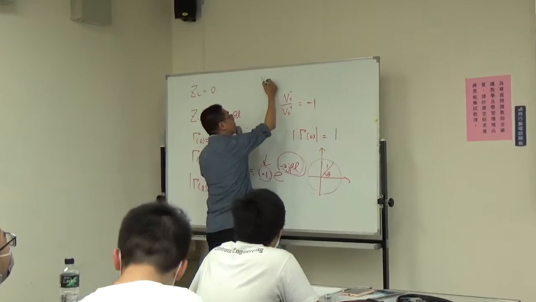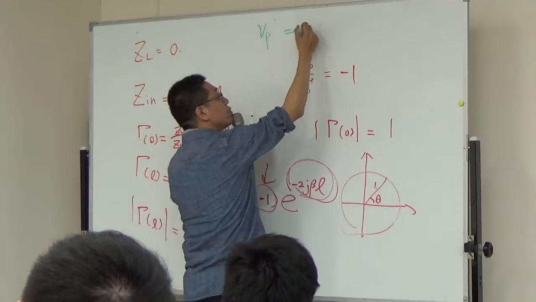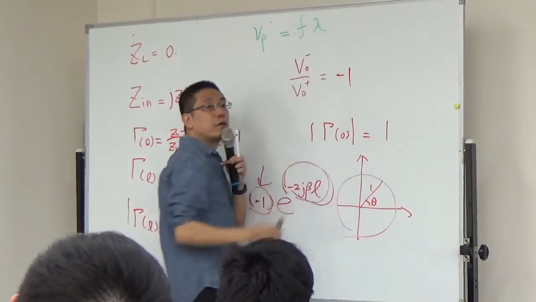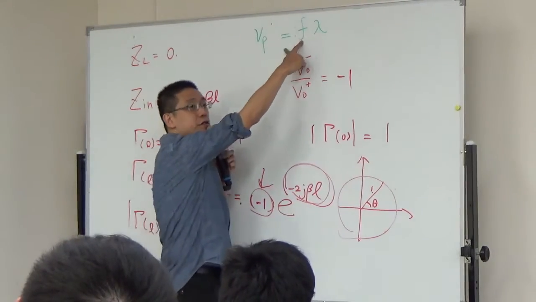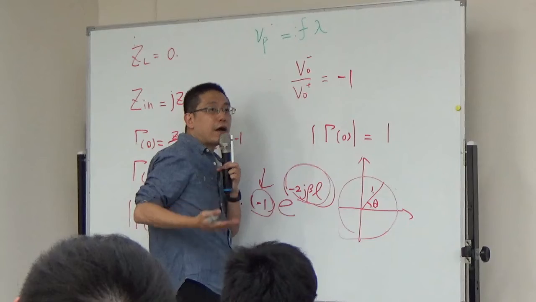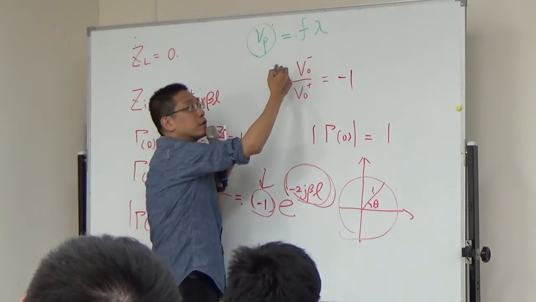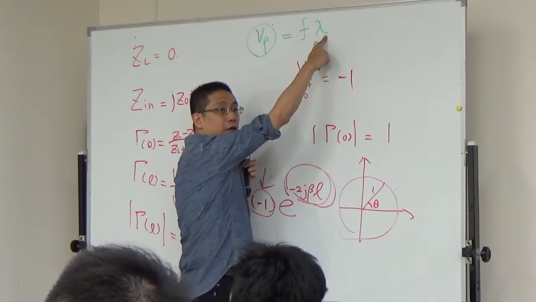Speed of light, or we will say the phase velocity, equals your frequency times your wavelength, right? If your frequency is getting higher and higher, this is a constant, so the wavelength is getting smaller and smaller, right?